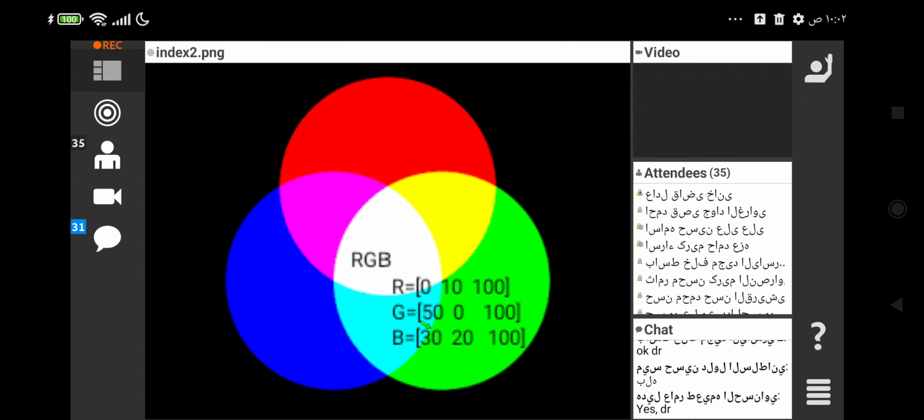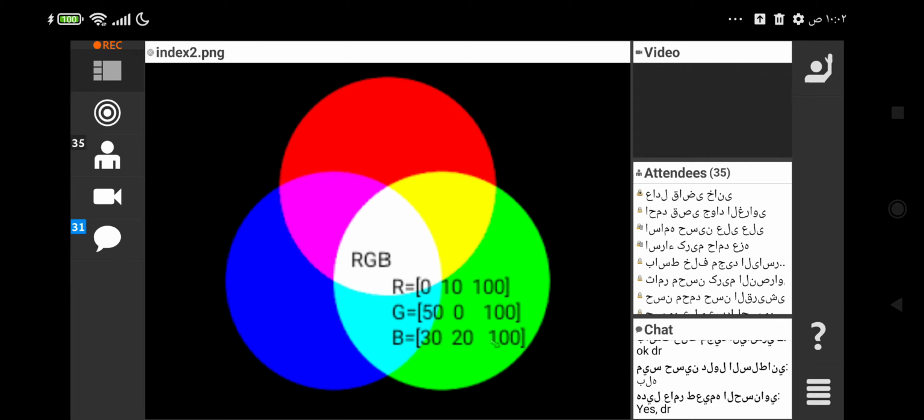In the second pixel, the red is 10, so we have some red, we don't have green, and we have some blue. And in the third pixel, we have the same value for R, G, and B.